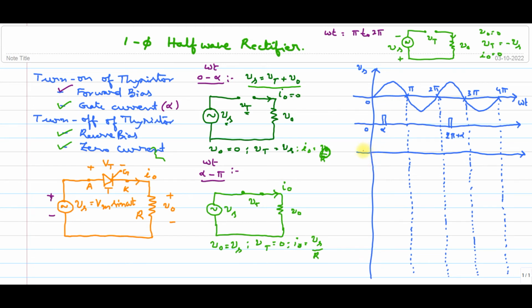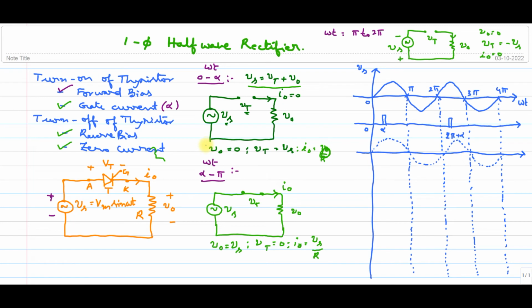Now I want to draw the output voltage. As the output voltage is following the input voltage, I mean the source voltage, I am drawing it like this with dotted lines. You can see this. Now it is very simple.